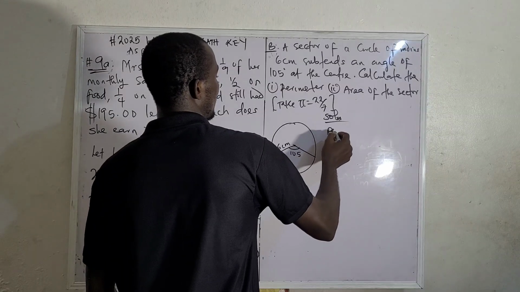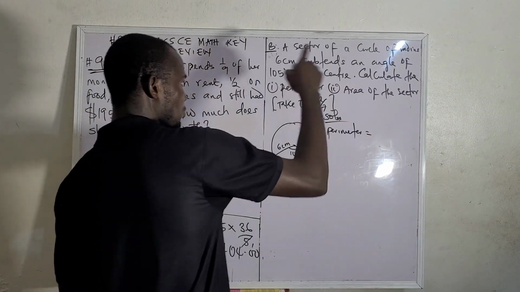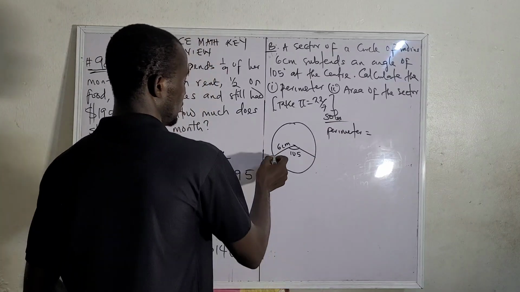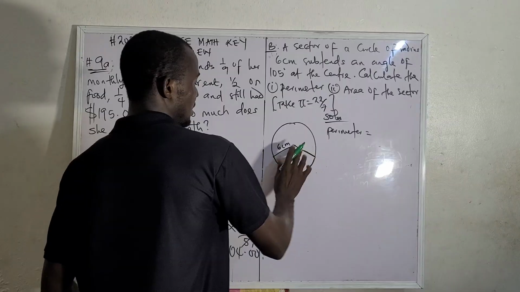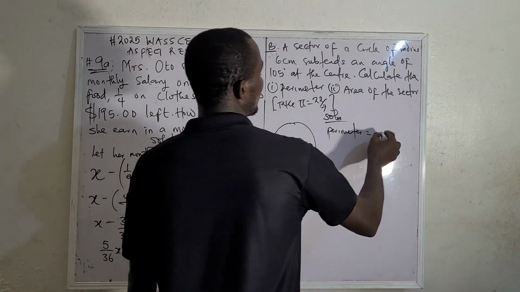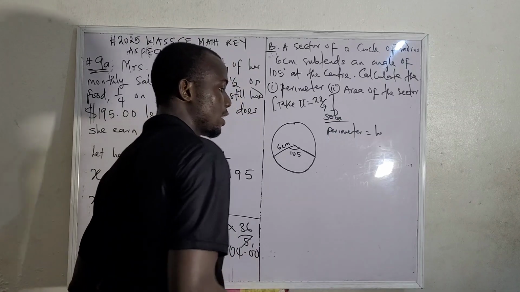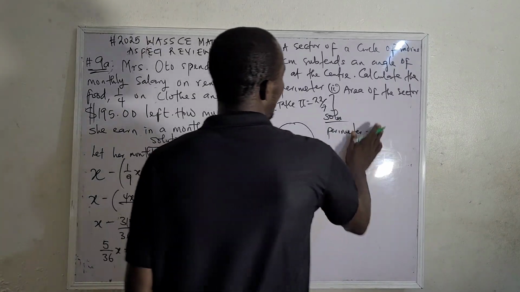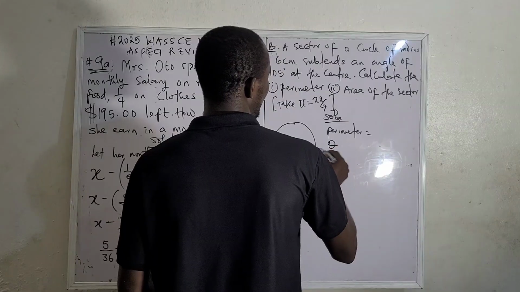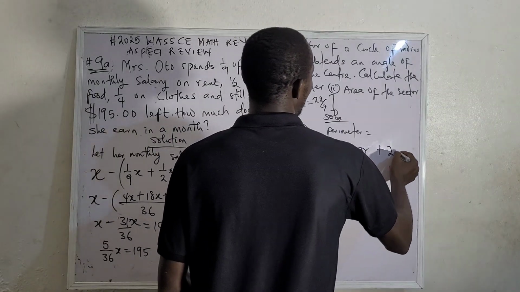Now, perimeter of a sector. This is the sector. The sectoral region is this aspect. The perimeter of the sector is the length of arc plus the two radii. So length of arc plus the two radii will be equal to theta over 360 times 2 pi r, then plus 2r.